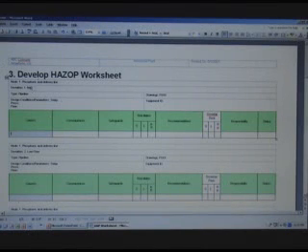The first deviation is when we use the guide word no or none on the parameter of flow, and we have a deviation of no flow, and the type is a pipeline.